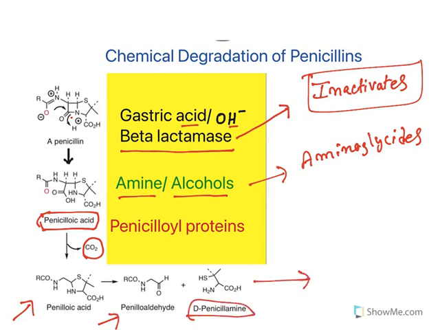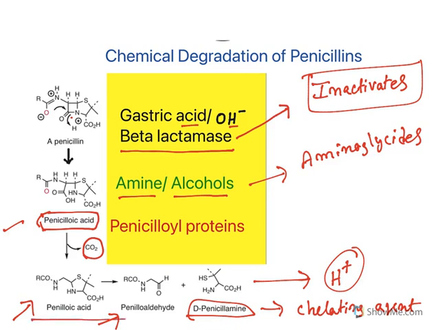All these are major pathways, major metabolites in the presence of acid. This penicillamine also acts as a chelating agent. So the major product observed with chemical degradation is penicilloic acid, and especially in the presence of acid, penilloic acid, penilloaldehyde and penicillamine are seen.